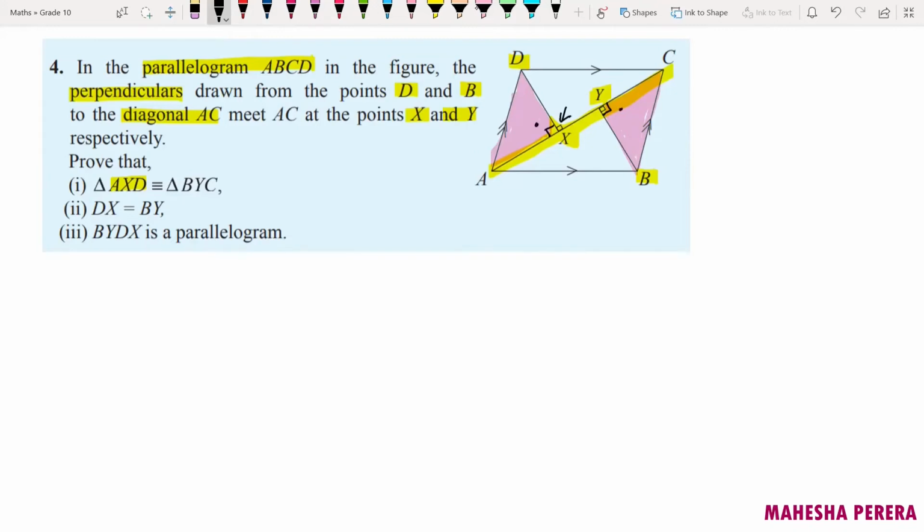So let's write in triangle AXD and triangle BYC, right? This angle, that means angle DXA equals this angle CYB, and it is equal to 90 degrees, right? And it's given, right?